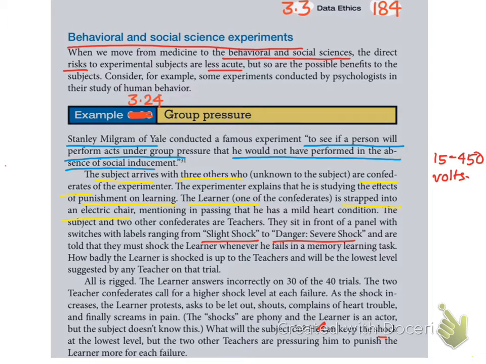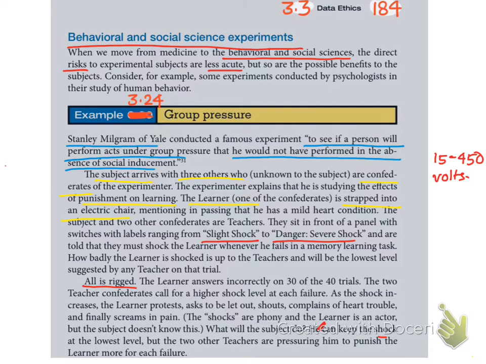It was all a setup, and the experimenter said that he would take responsibility for whatever happens to the learner. The purpose was supposedly to check how punishment affects learning. All of it was rigged.